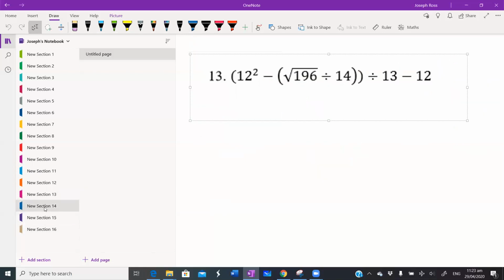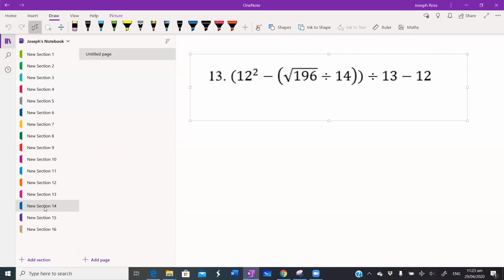Okay, so question 13, there's a lot going on here, so we need to break down the order that we need to do things. Do we have any brackets? Yes, we do. We have 2 sets of brackets.